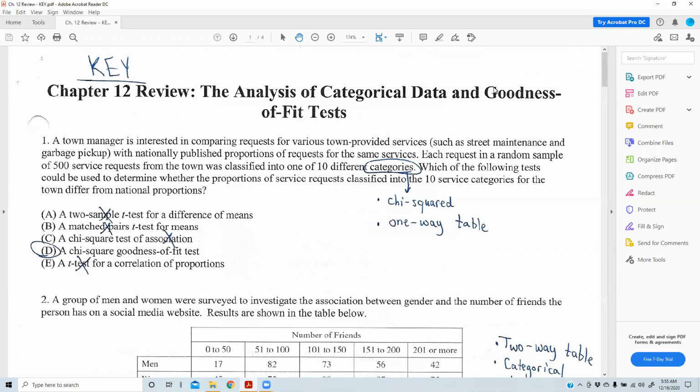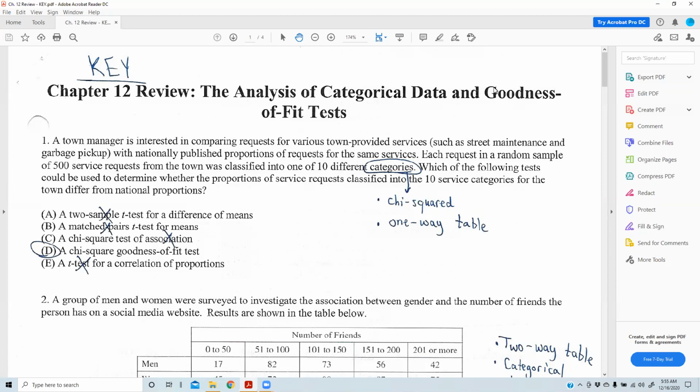So number one, a town manager is interested in comparing requests for various town provided services, such as street maintenance and garbage pickup, with nationally published proportions of requests for the same services.